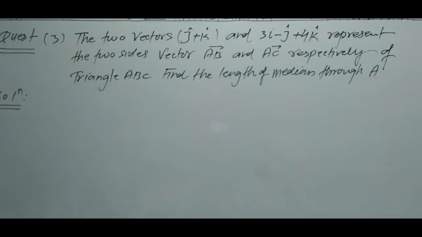Now we are given vectors AB and AC, and the initial point of both is the same. So what we can write?